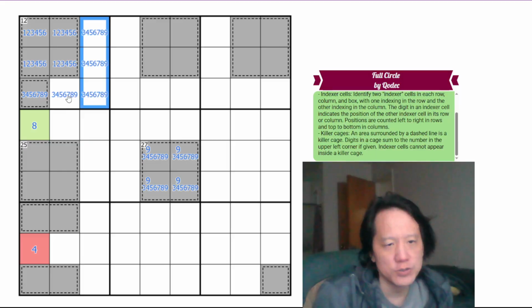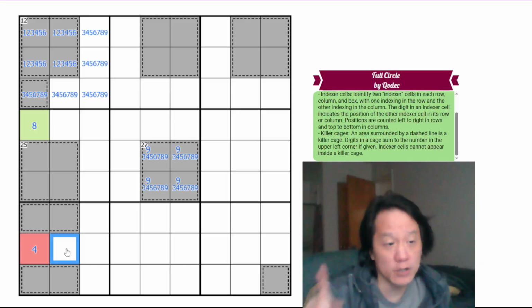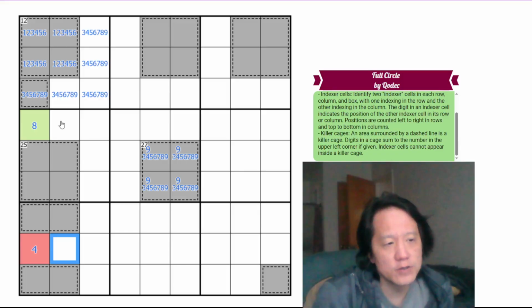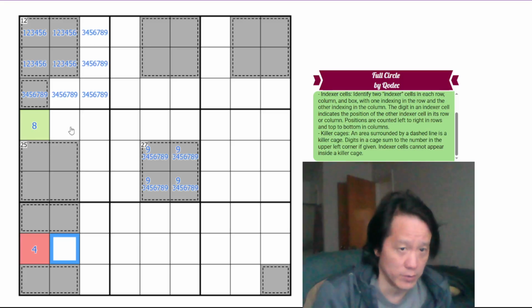So in column 2, the 2 indexers are in 2 out of these 3. So we are guaranteed either there is 1 indexer amongst these 2, and it could be both. That's possible.